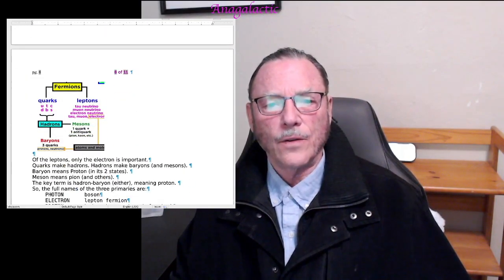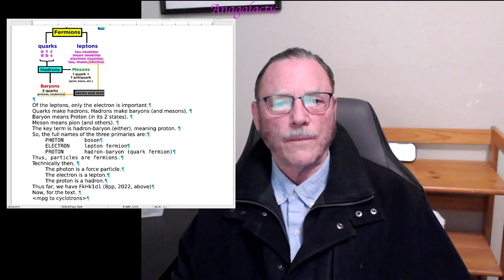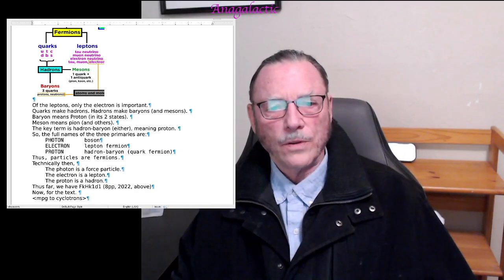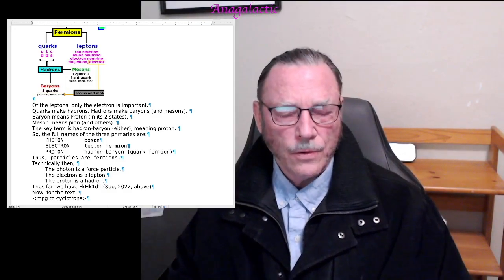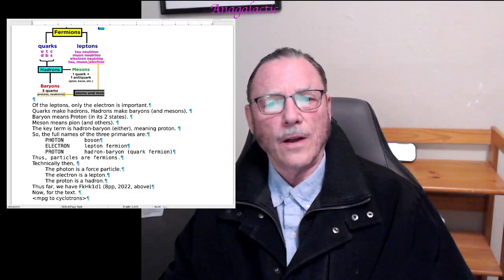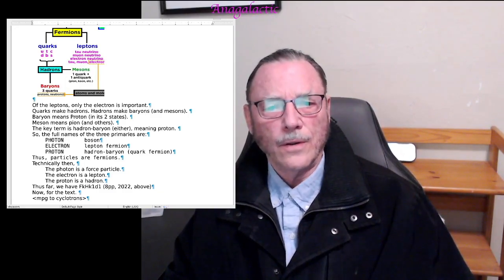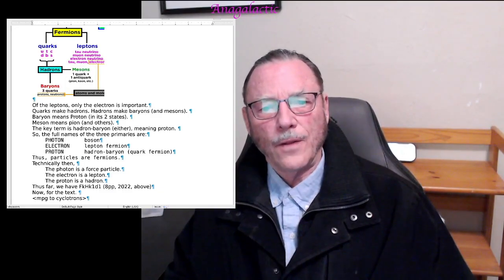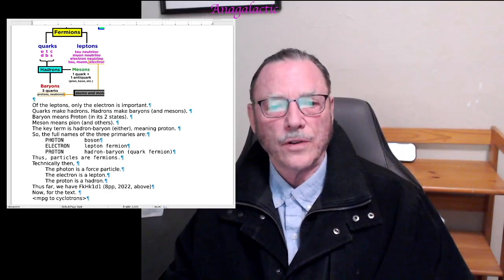And now here you'll see a little bit more information to expand on the concept of the fermion, which gives us the position in this model for the two particles that we do know of, the electron and the proton. The electron is considered to be a 2-quark construction, and the proton is considered to be a 3-quark construction.